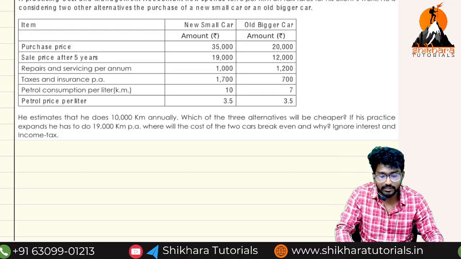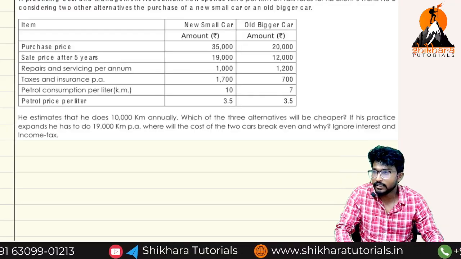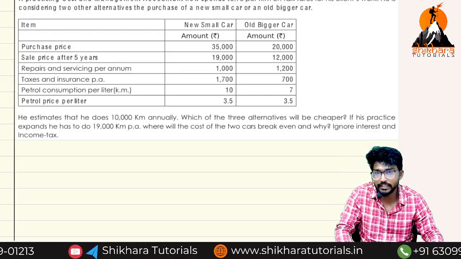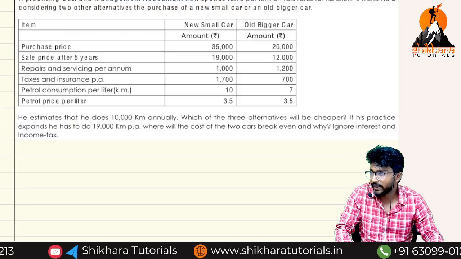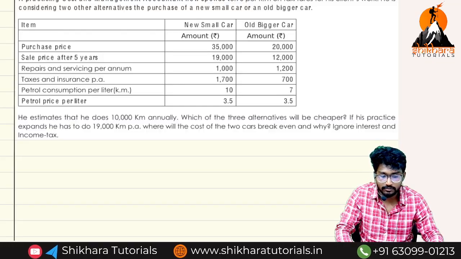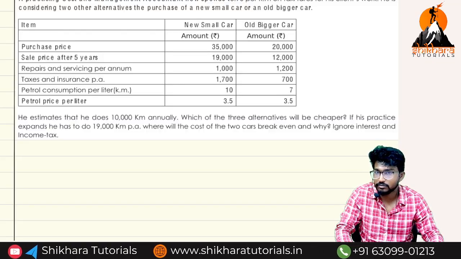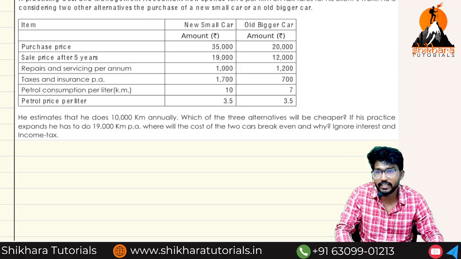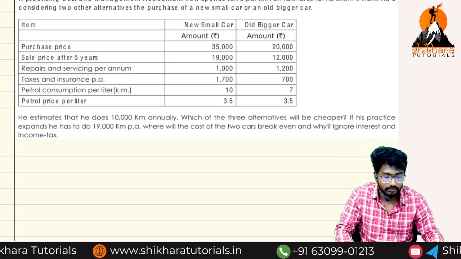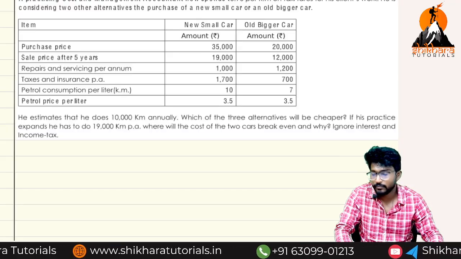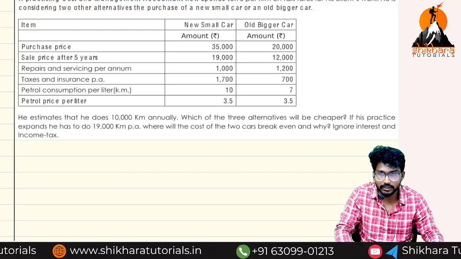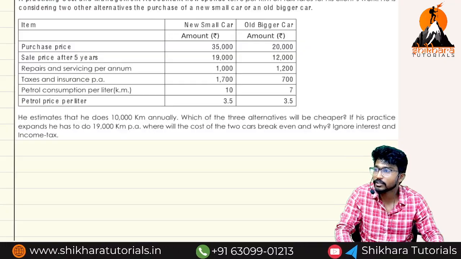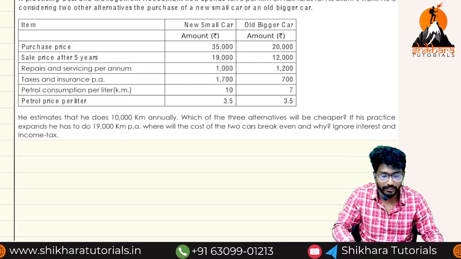Now what is the depreciation for the new small car? 35,000 minus the scrap value after 5 years, 19,000, divided by 5 years. 3,200 is your depreciation for every year. Next, for the old big car, 20,000 minus 12,000, that is 8,000, divided by 5, that is 1,600.